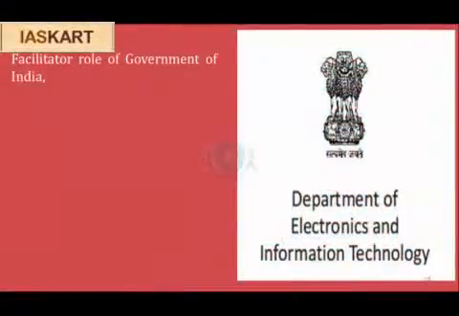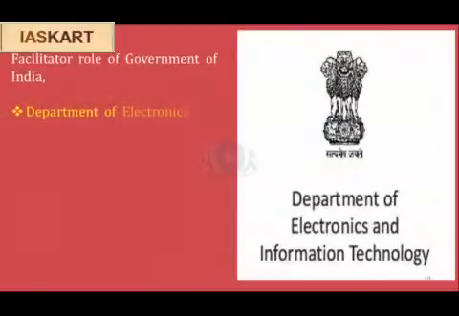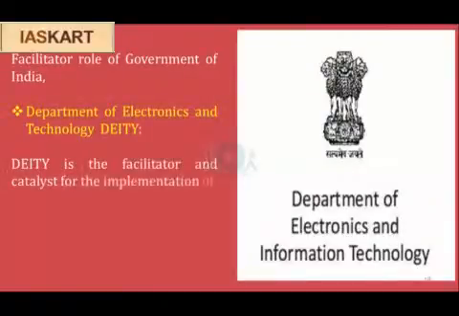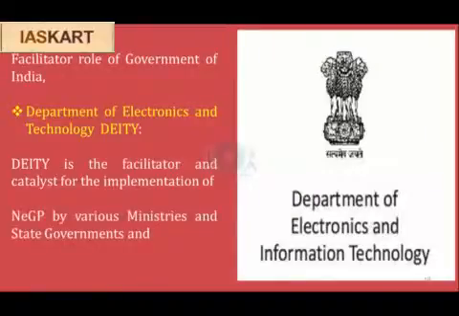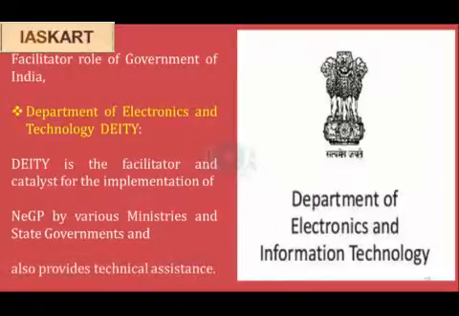Now the government plays the facilitator role, and in this the Department of Electronics and Information Technology is playing a vital role. DEITY is a facilitator and a catalyst for the implementation of the National e-Governance Plan by various ministries and state governments, and it also provides technical assistance.